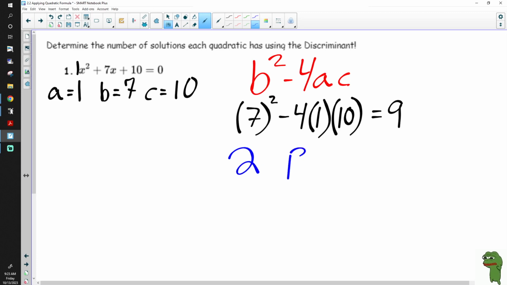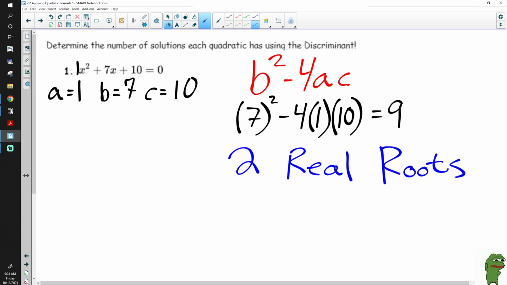2 real. Want to know another word for solutions in math? X-intercepts or zeros or roots. And I like writing roots because real roots, that just sounds good, doesn't it? With the double R, real roots. It's just better.